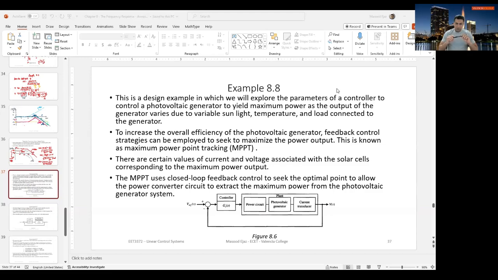The maximum power point tracking circuit uses closed loop feedback control to seek the optimal point to allow the power converter, which is this power circuit right here, to extract the maximum power from the photovoltaic generator system. Now this circuit is comprised of active elements in general.